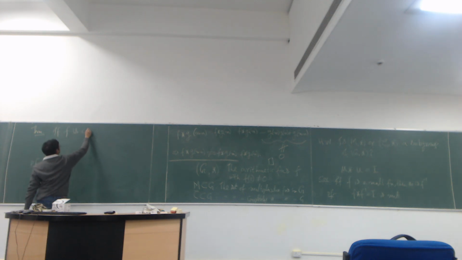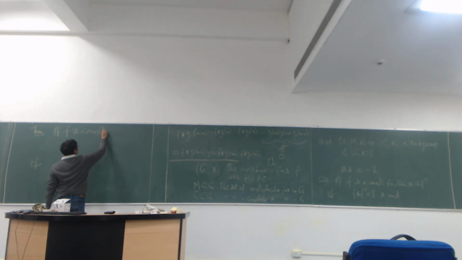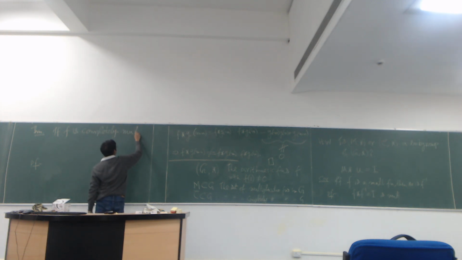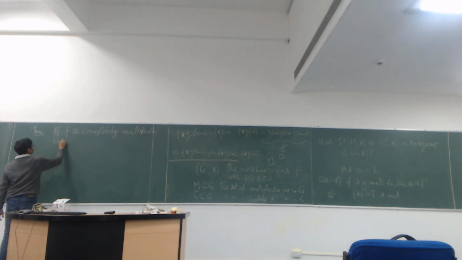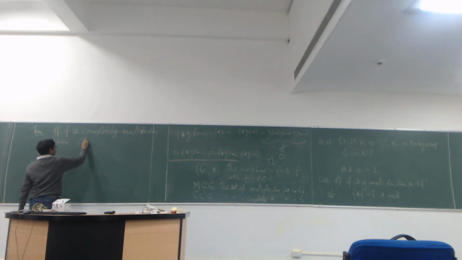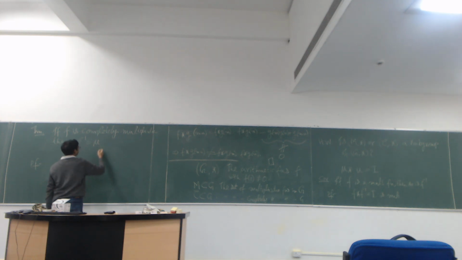If f is completely multiplicative, then f inverse is mu times f.